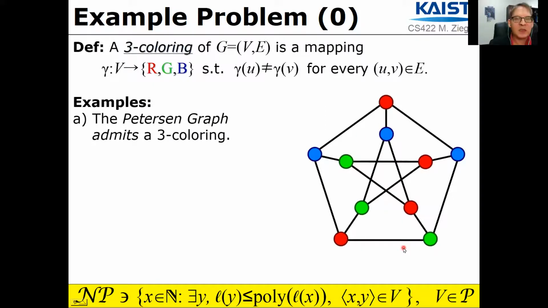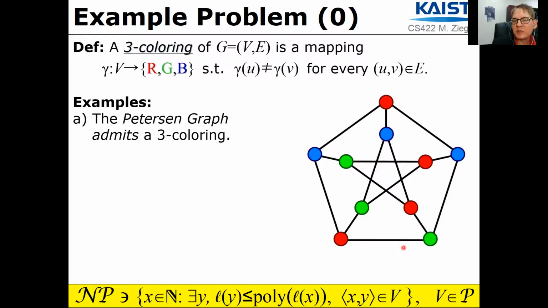It's very nice because it's so symmetric, right? And the message here is this graph admits three coloring. This graph admits a way of assigning the three colors, red, green, blue, to its vertices in such a way that every edge is not monochromatic.